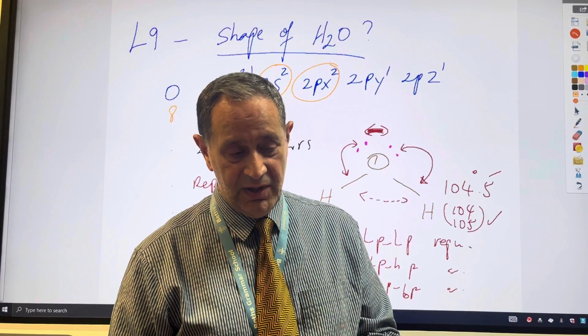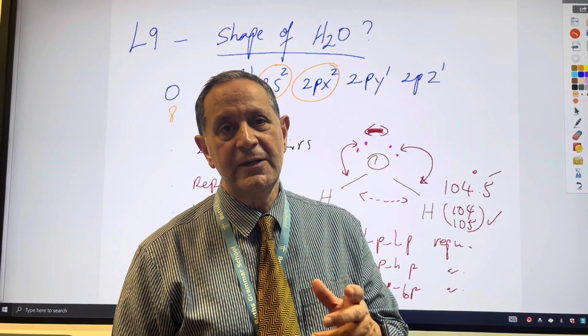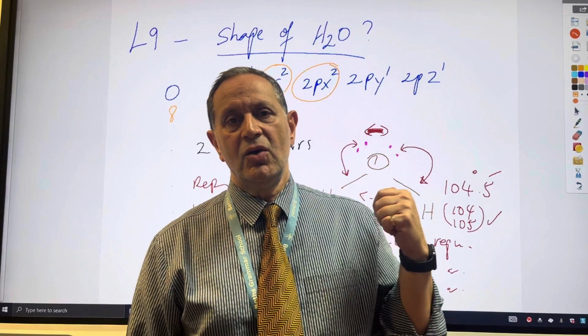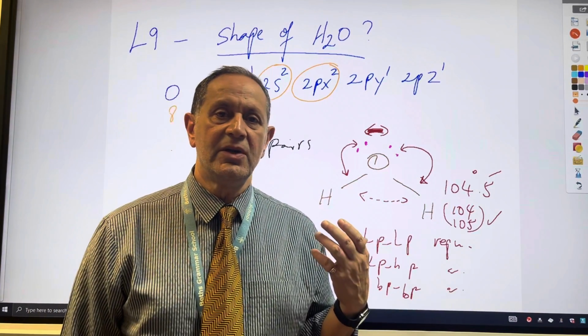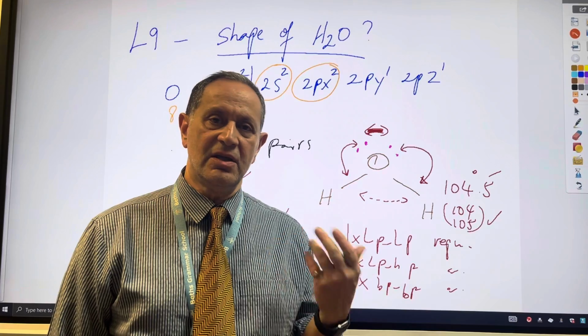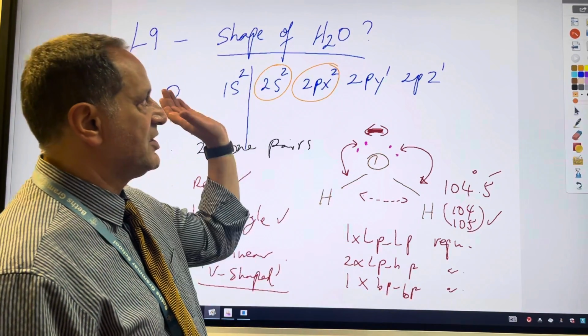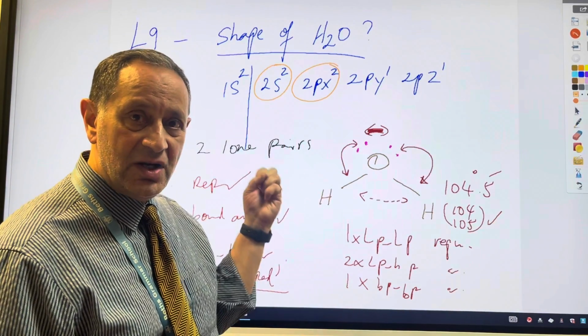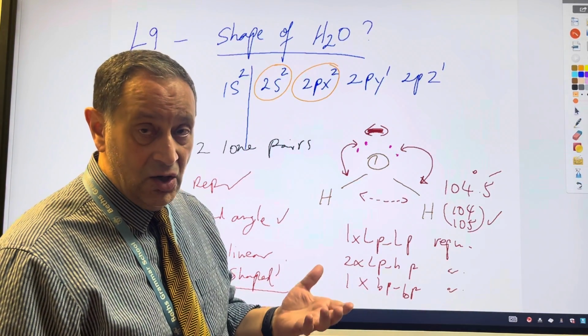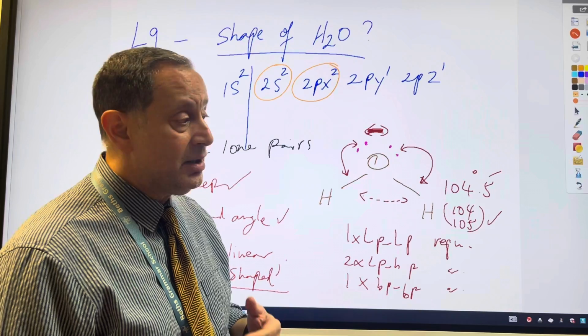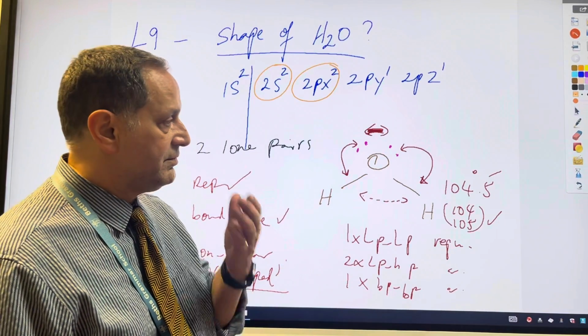So that's another anomaly. But more importantly, you see how the electronic configuration helps us learn about molecular shapes, all based on writing the electronic configuration, establishing if there are any lone pairs, 1, 2, none, and then deciding, right?